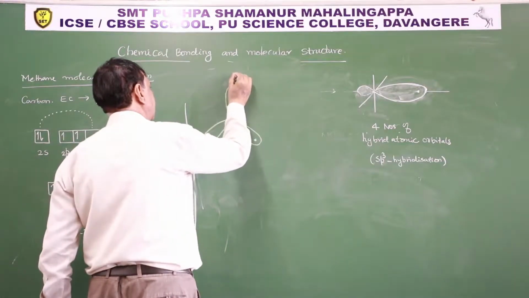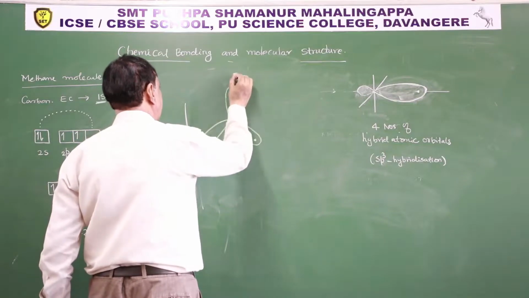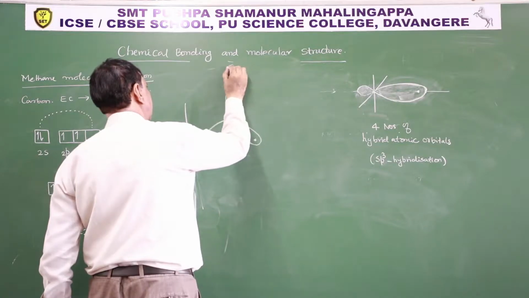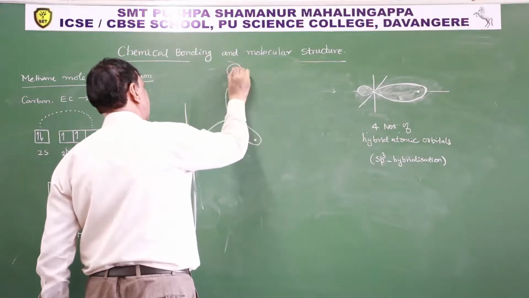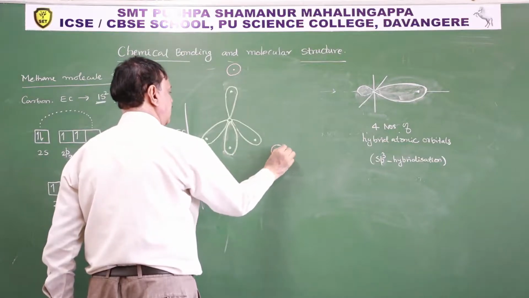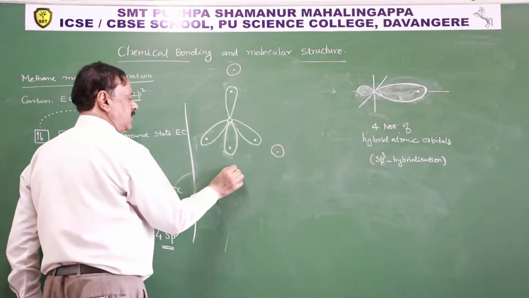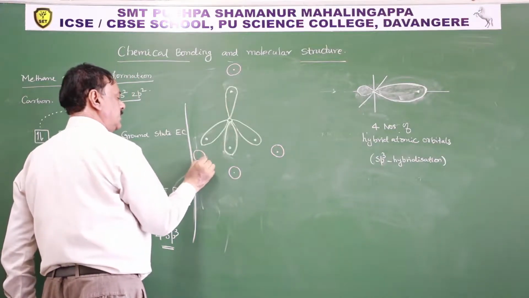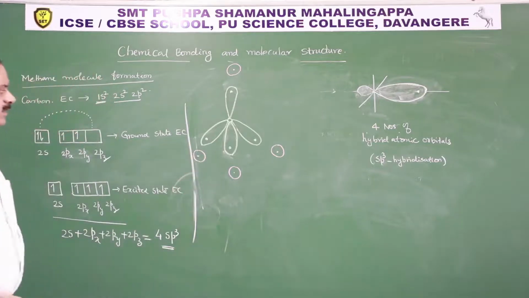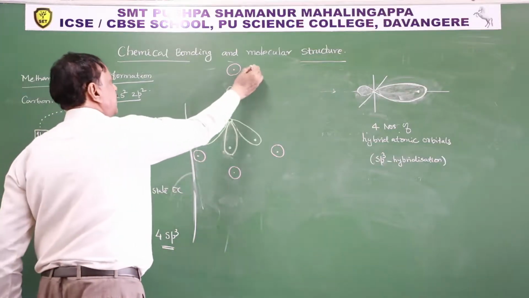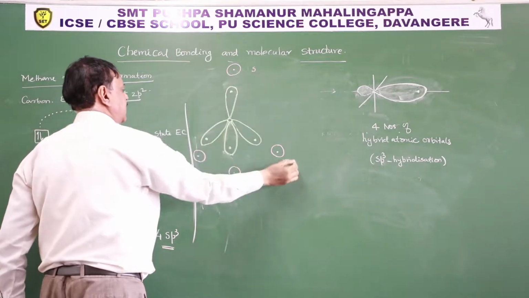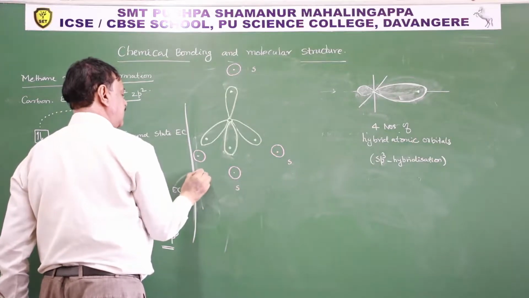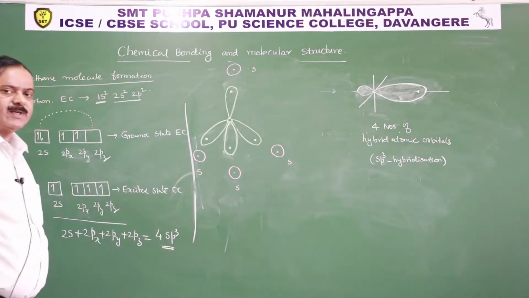Here, this is carbon, this is hydrogen. Each hydrogen has 1 electron, and the s atomic orbital of each hydrogen has 1 electron.